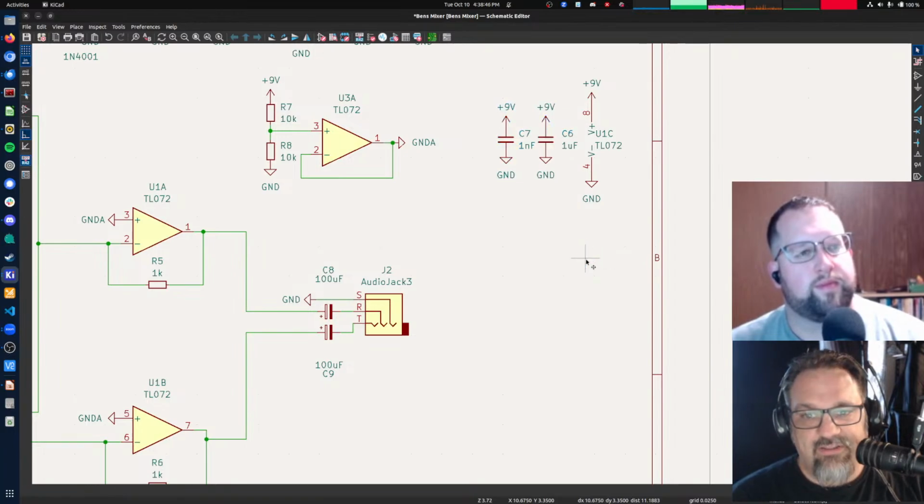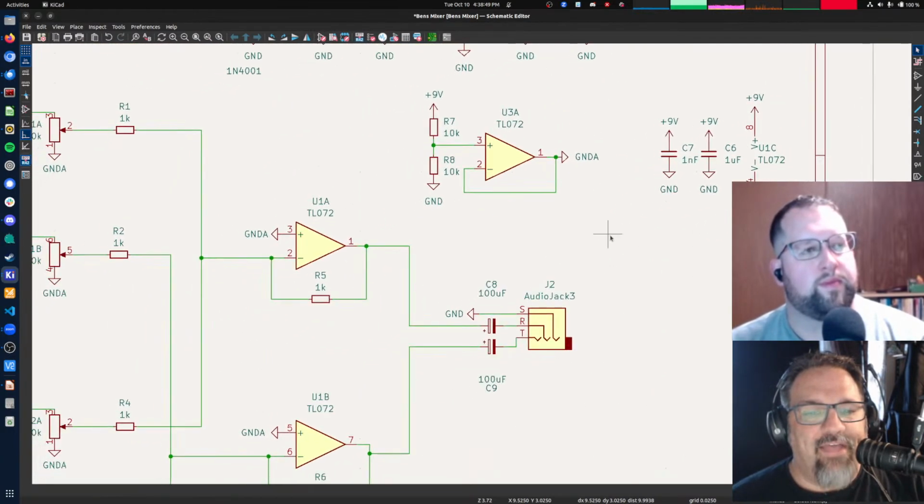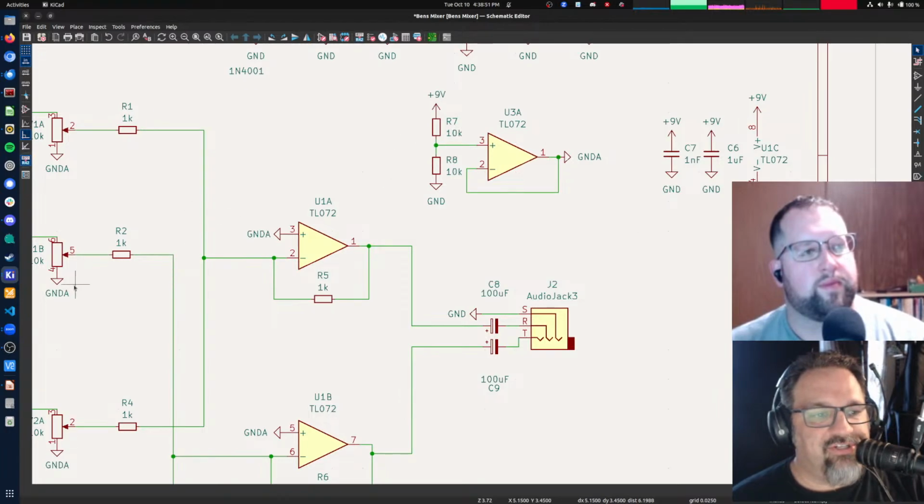Okay, I guess we don't need this anymore. And then the only thing left is that we need to be able to generate this virtual ground here.